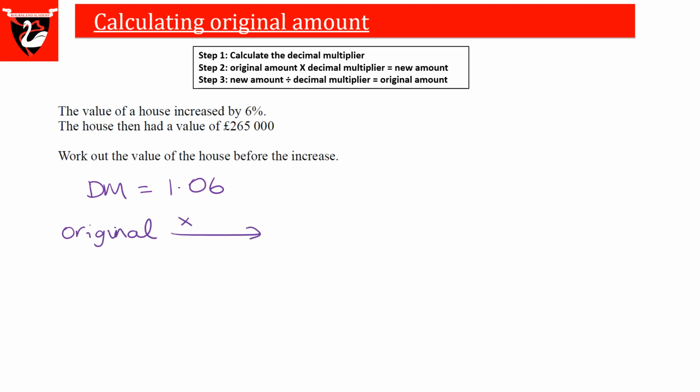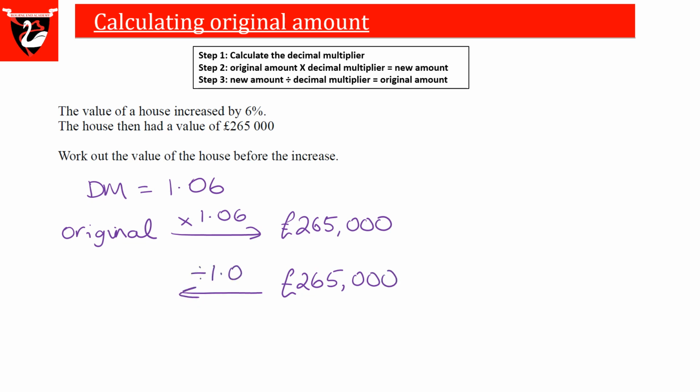We know we're going to be multiplying it by our multiplier, which is 1.06, which would give us a final amount of £265,000. We then reverse our equation, so we start with £265,000. This time we divide by 1.06, giving us an original value of £250,000.